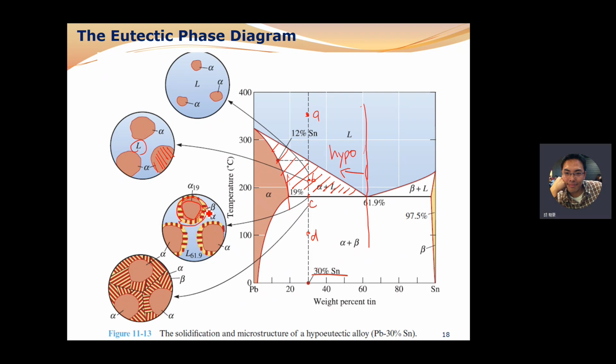And this lamellar structure keeps growing as the temperature decreases. Therefore, when we keep cooling to point D, we find the lamellar structure is completely grown.